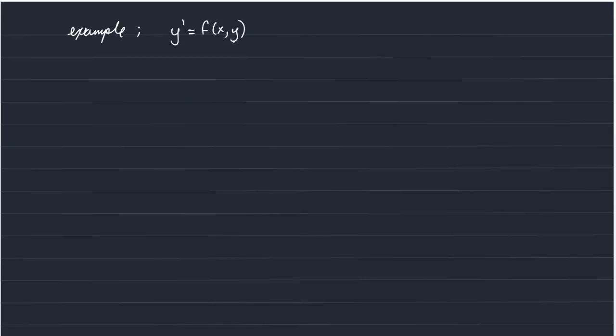So again, we're given a differential equation of this general form in which the first derivative of y is equal to some function, and in this example that function is y plus 2x minus x squared. And say we're given the initial condition that y at point 0 is equal to 1.